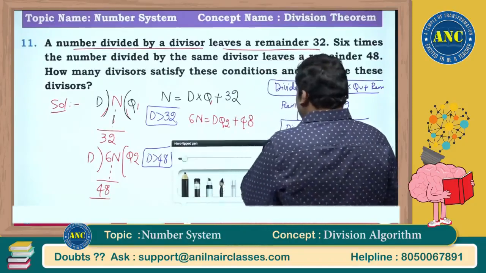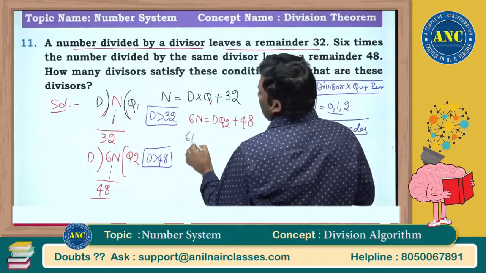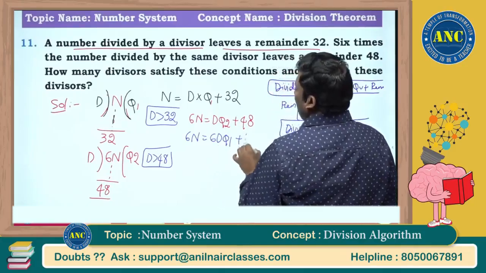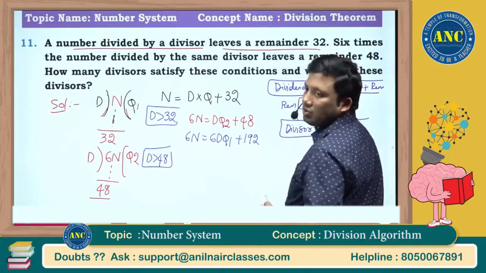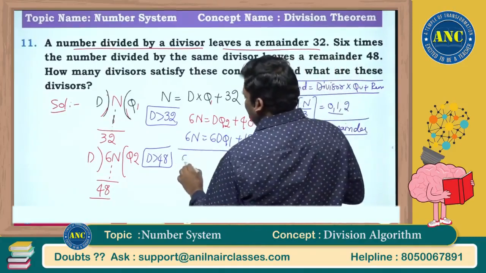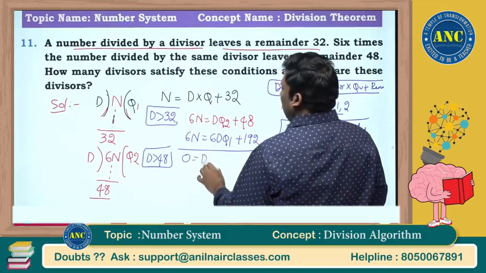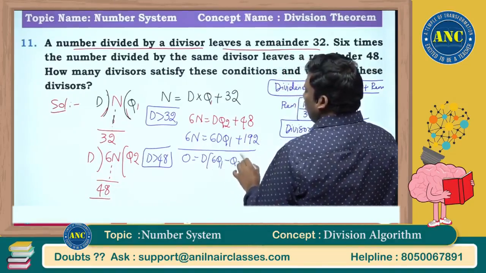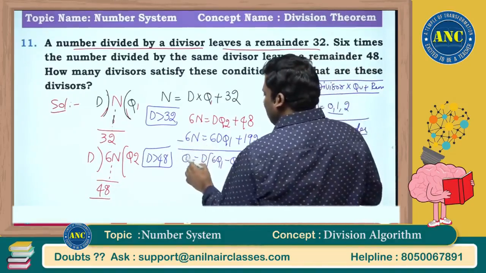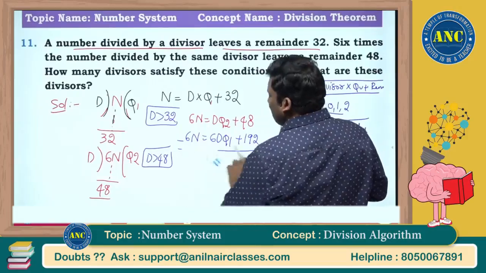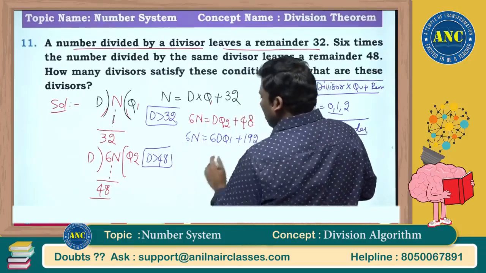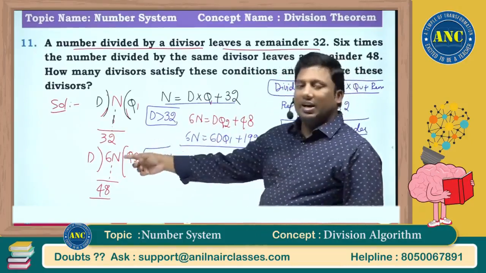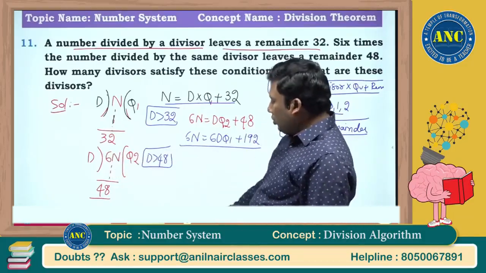Now if I multiply the first equation by 6, 6n will be 6dq1 plus 192. The second is 6n equals d into q2 plus 48.